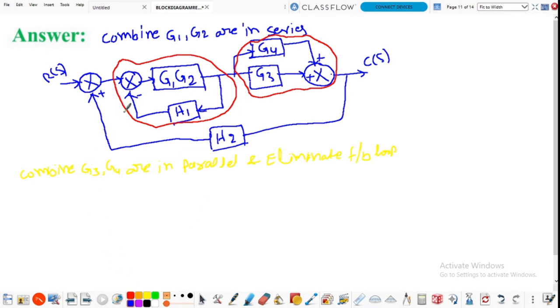Now where the negative feedback is there, what is the negative feedback formula? G by 1 plus GH. So here the gain is G1 G2 by 1 plus G1 G2 into H1.